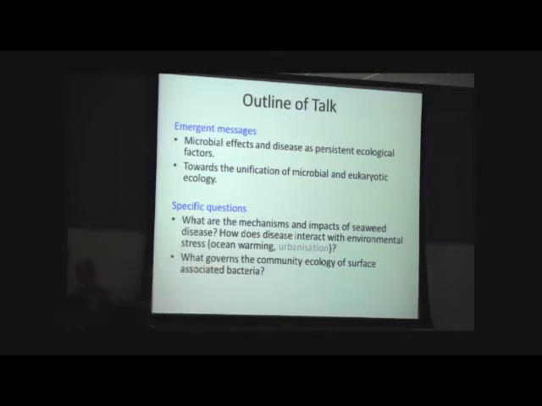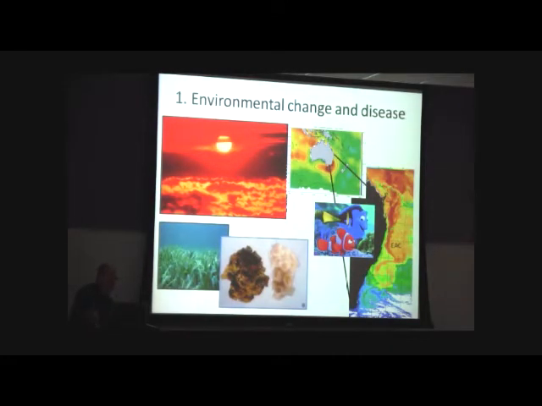And then finally, I'd like to take some of the concepts that we've learned from eukaryotic ecology and ask questions about the community ecology of surface-associated bacteria. What's going on in those communities? How do they interact? What are the dynamics? And in fact, do they cascade back to effects on the hosts? Okay. So let's see if we can do all that.